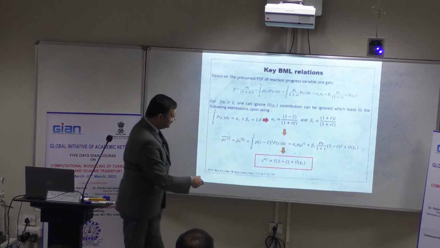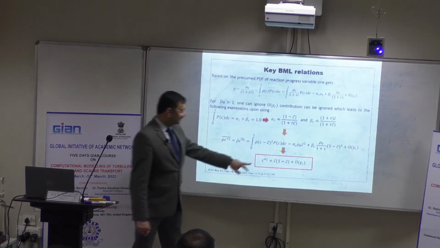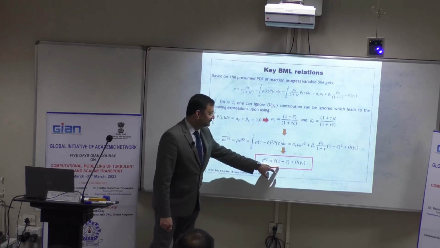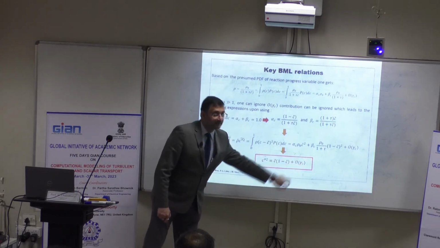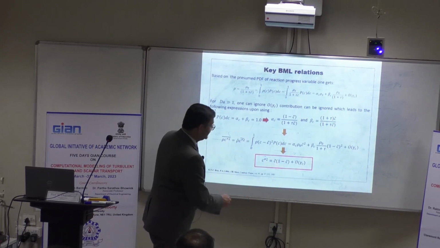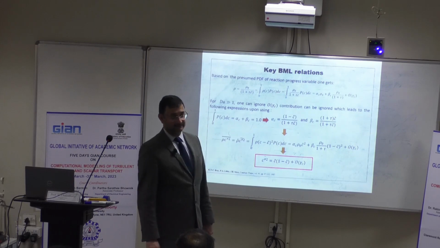So if I divide both sides by C tilde times 1 minus C tilde, you can see this side will become the segregation factor, this side becomes 1. And then there will be some contribution here. This is why this is the maximum possible value of scalar variance.